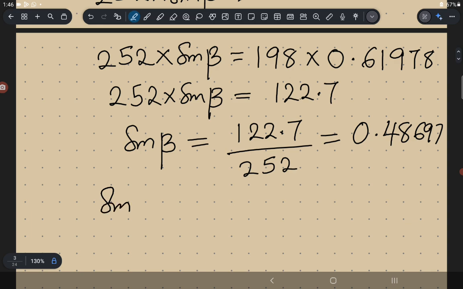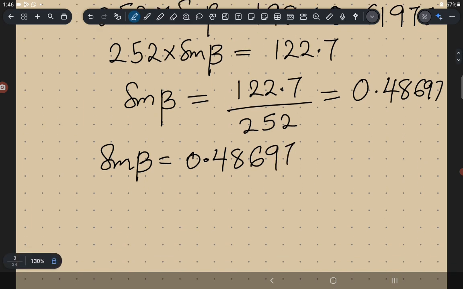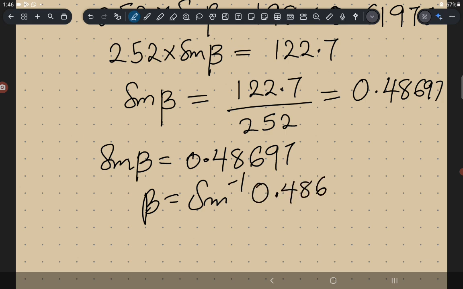So if our sine B is equal to 0.48697, to look for B, there's something we call the arc sine. B will give you arc sine 0.48697, which will give you 29.142 degrees.